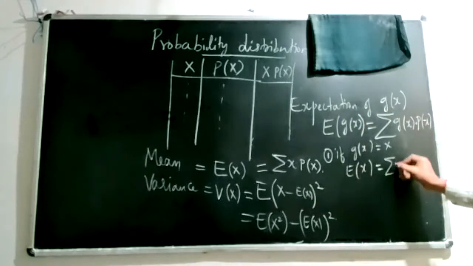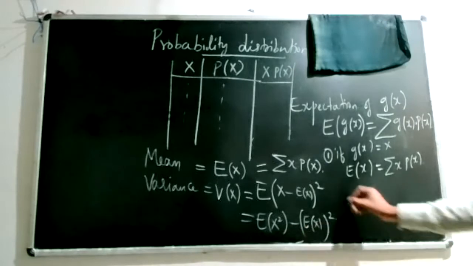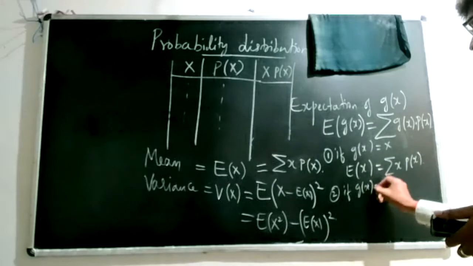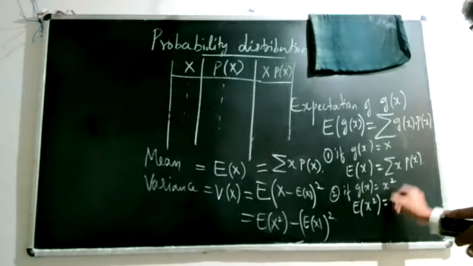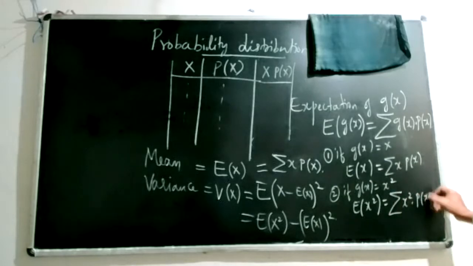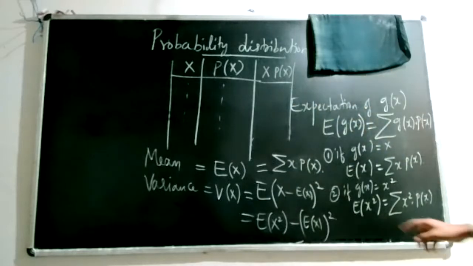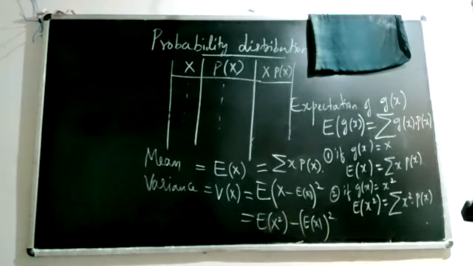Now in the second case, we need E of x square. If you replace g of x by x square, you get E of x square, and its definition is the total of x square into p of x. So I have to compute x square, multiply x square with p of x to generate the value of the second moment, and from that you can obtain the value of variance.